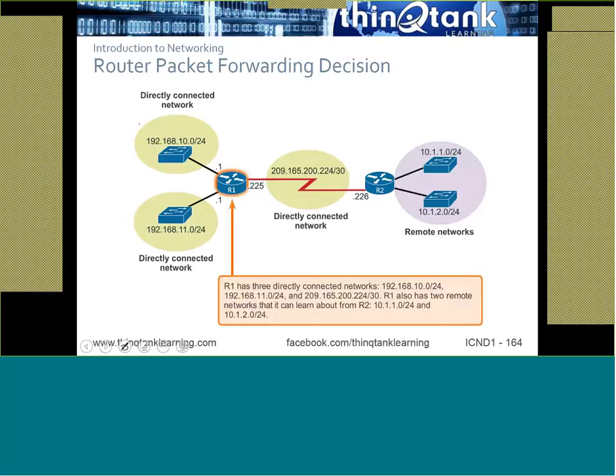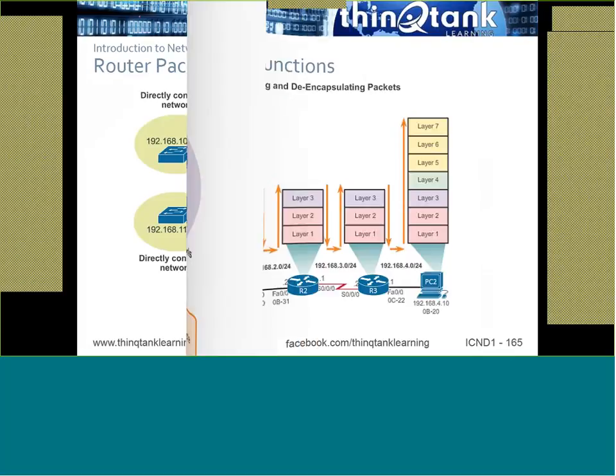Routers only do what you tell them to do. All right? If they don't have knowledge about a particular destination, then they will not route the packet. So we're talking about a completely different mindset for a router. We'll learn more about how to set up those routes a little bit later on.